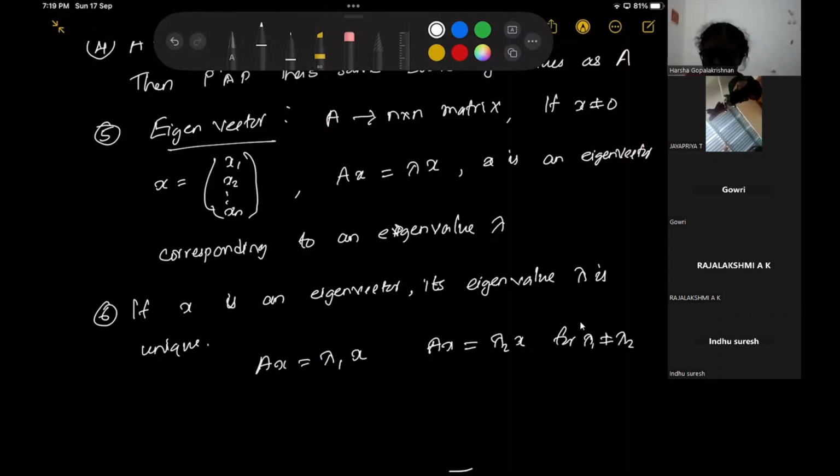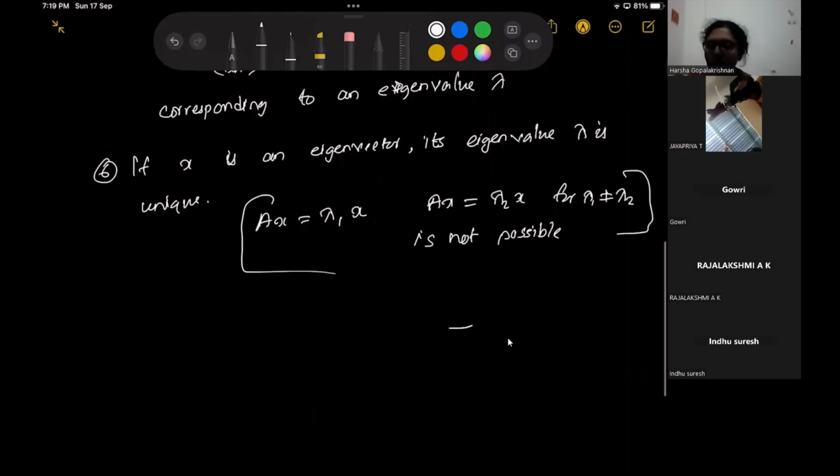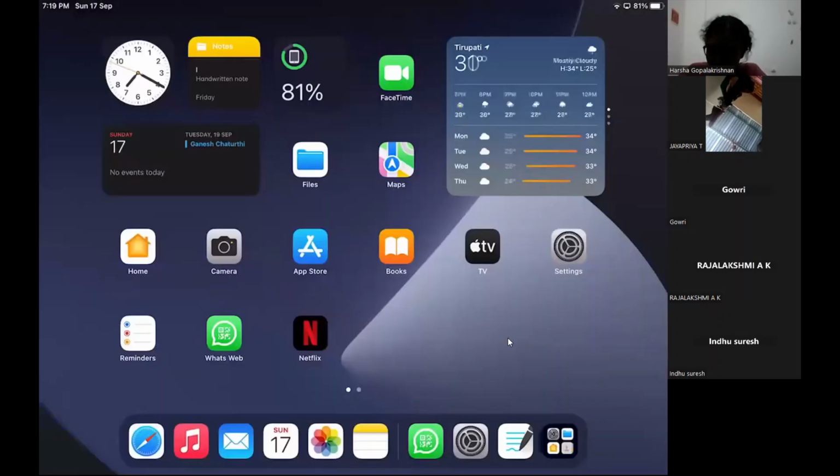That is, for distinct lambda 1 and lambda 2, both Ax equal to lambda 1 x and Ax equal to lambda 2 x is not possible. This is what this result says. Clear? And also, we have already seen what is an eigenvalue. Lambda is an eigenvalue. So, corresponding to each lambda, there exists an eigenvector.